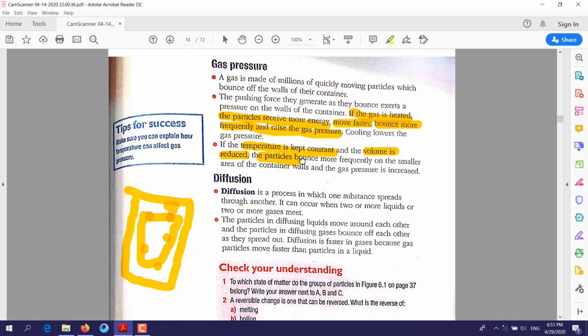The particles will bounce more frequently on the smaller area of the container. And the gas pressure will increase. So, conclusion: higher temperature, higher gas pressure. Less volume, or smaller volume, also increases the pressure.